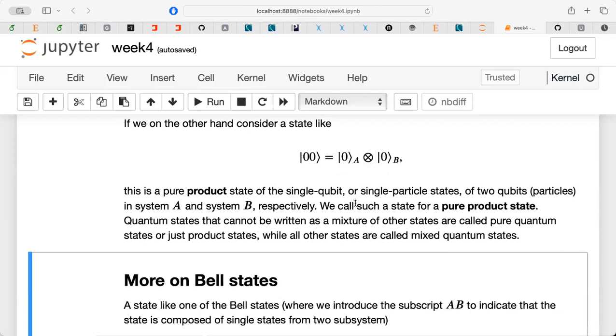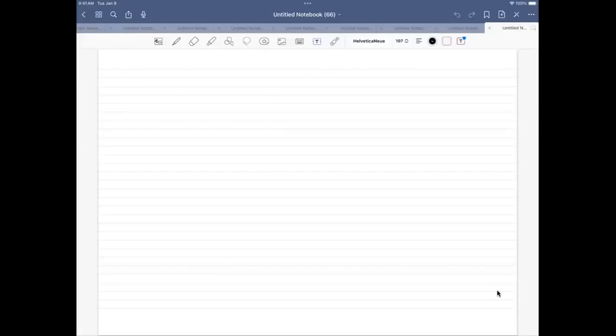So let me show you that in another way, because this becomes a little bit important when we are looking at further quantities like the probabilities and the density matrices and the discussions of entanglement.